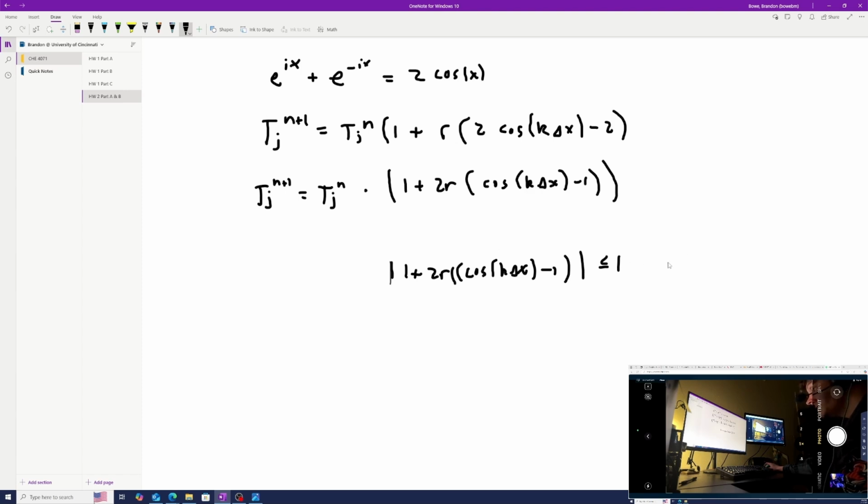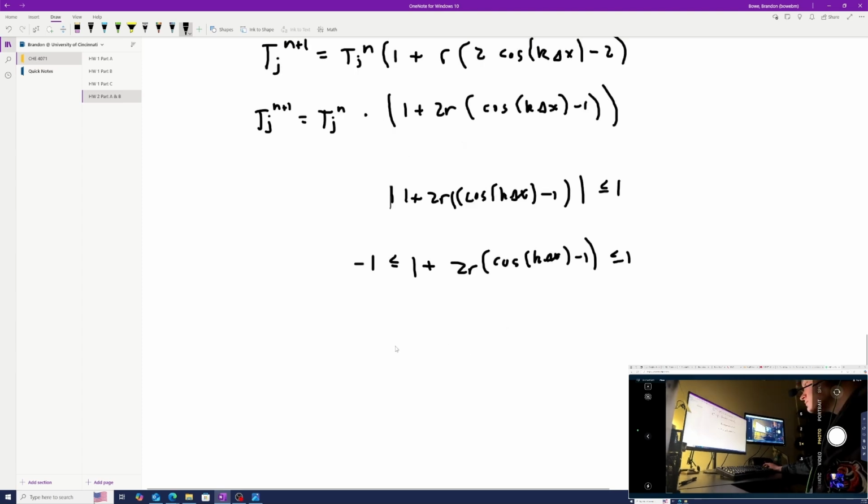So we know that if the absolute value of it is that way, we have 1 plus 2r times (cosine k delta x minus 1) is less than or equal to 1 and greater than or equal to negative 1. We can now subtract this 1 from both sides, giving us negative 2 is less than or equal to 2r times (cosine k delta x minus 1), which is less than or equal to 0.